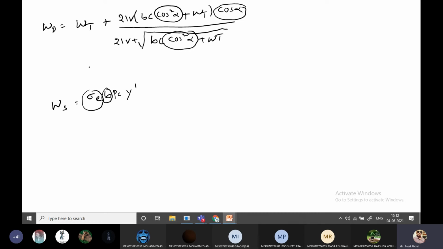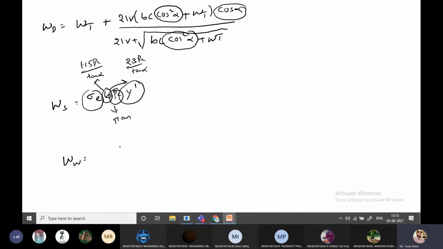Just now we calculated: 1.15 PC by tan alpha for the single helical gear, and 2.3 PC by tan alpha for the double helical gear. Remember these two relations. PC is pi m, and Y dash is the form factor.